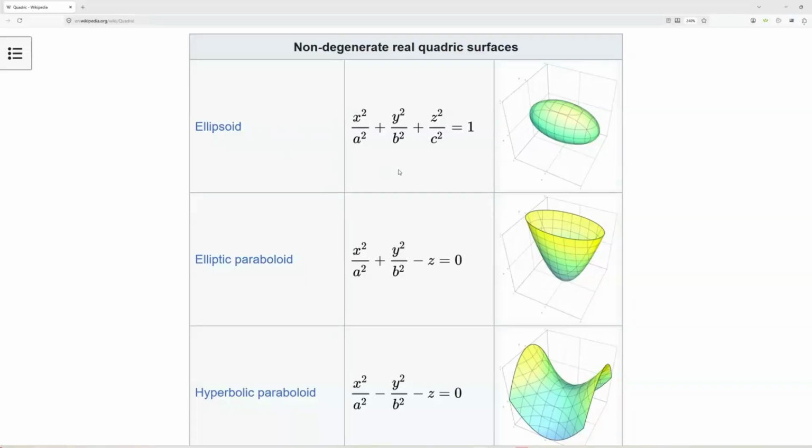So for an ellipsoid, each of the possible traces results in an ellipse. So for example, if we isolate to a plane parallel to the xy plane, then we have an ellipse. If we look at a plane parallel to the xz plane, then we have an ellipse. And if we look at a plane parallel to the yz plane, then we have an ellipse.